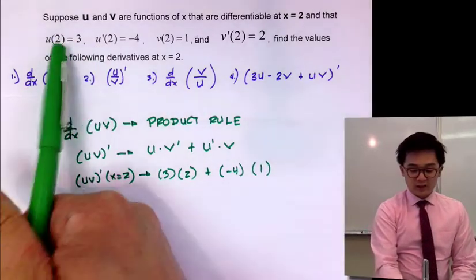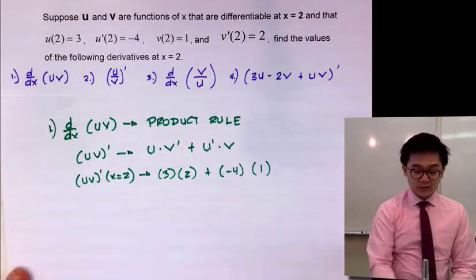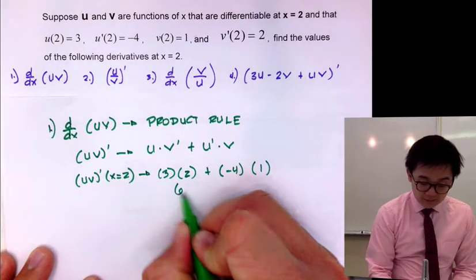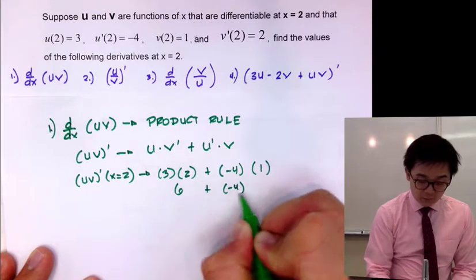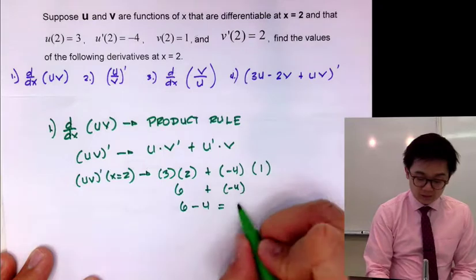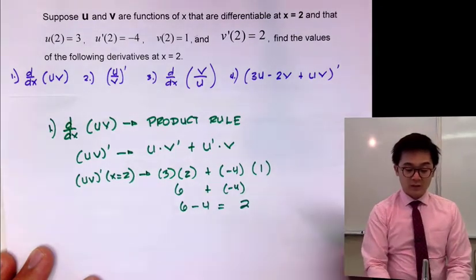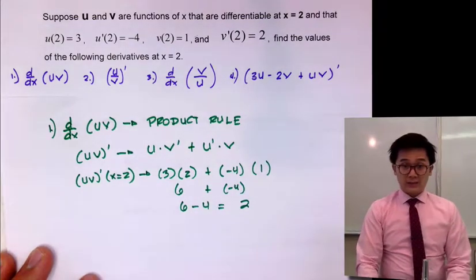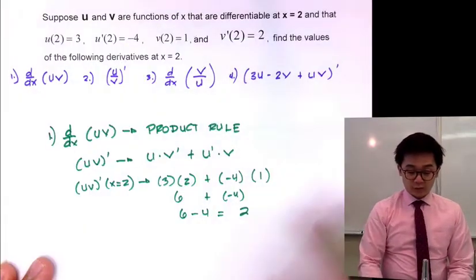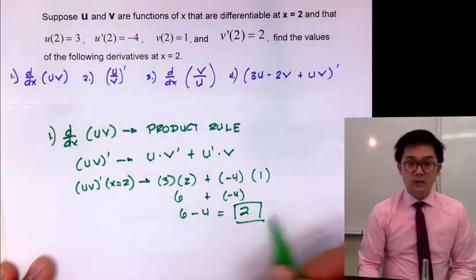So you just ignore the number inside the parentheses and focus on the values of each function. So we'll have 6 plus -4, which is simply 6 minus 4, which will give us 2. So the derivative of uv at x equal to 2, given this information, will simply be 2.